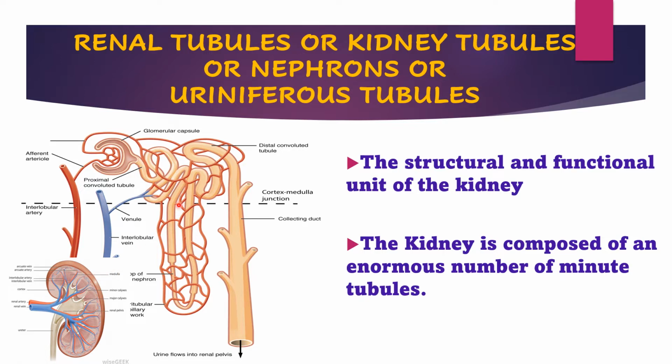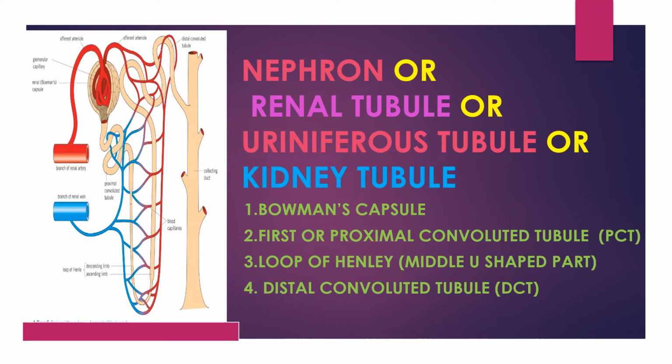Inside the kidney we can see numerous nephrons, the structural and functional unit of the kidney. Where is the nephron located? The nephron is located inside the kidney.